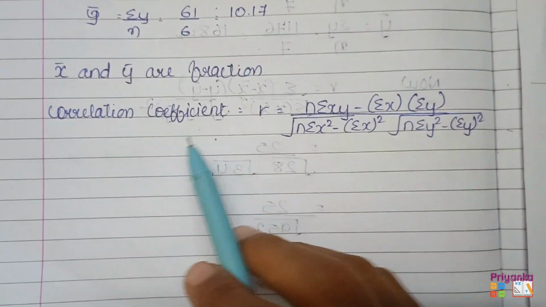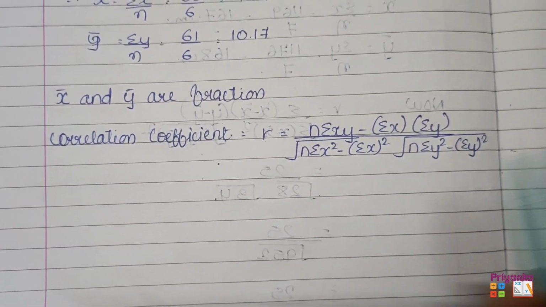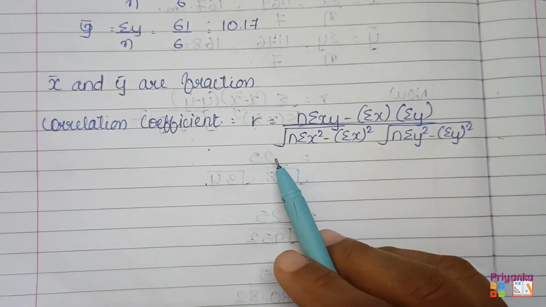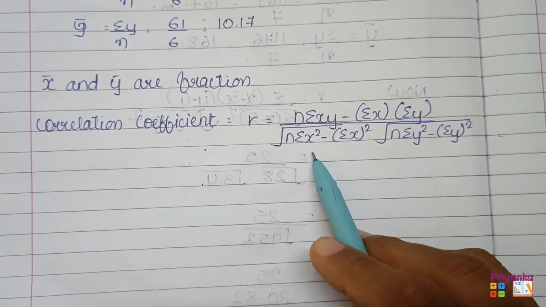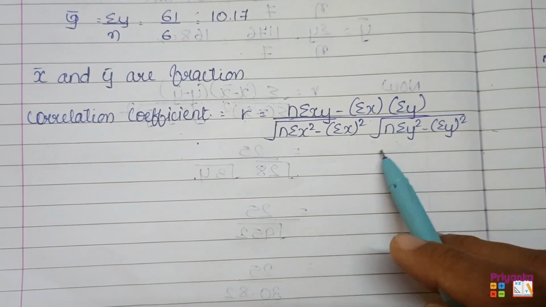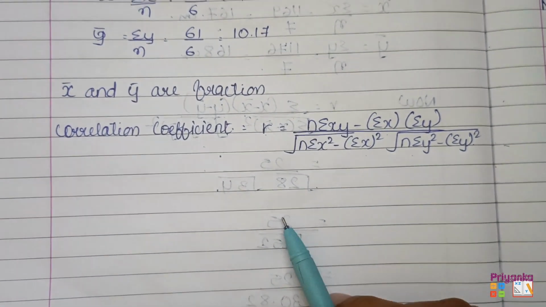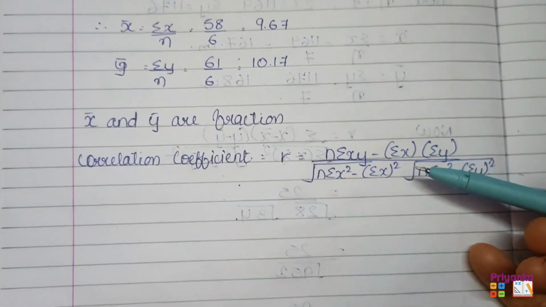So first of all, let's write down the formula, that is the correlation coefficient r equals n sigma xy minus sigma x sigma y, divided by under root n sigma x square minus sigma x whole square, times under root n sigma y square minus sigma y whole square. Let's take out the information.